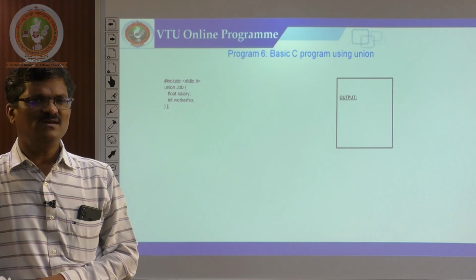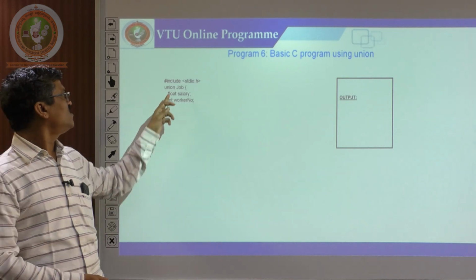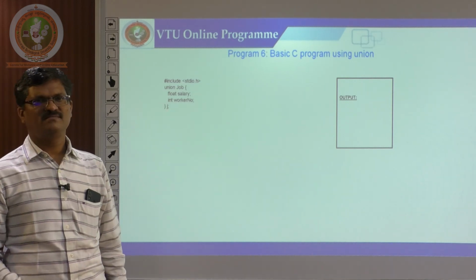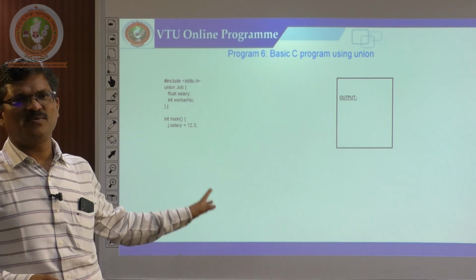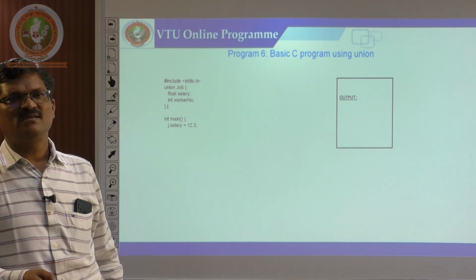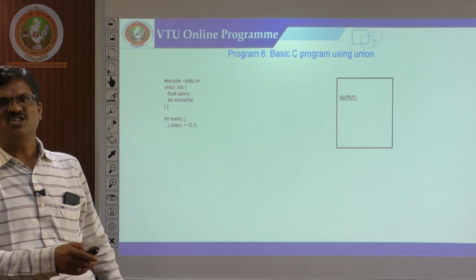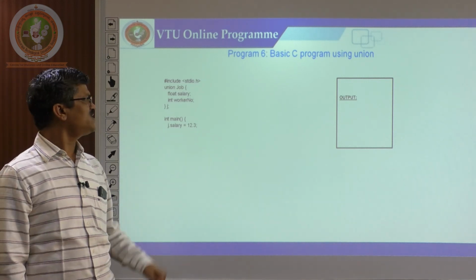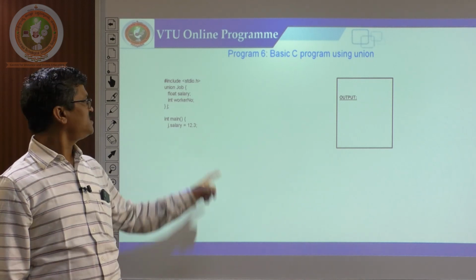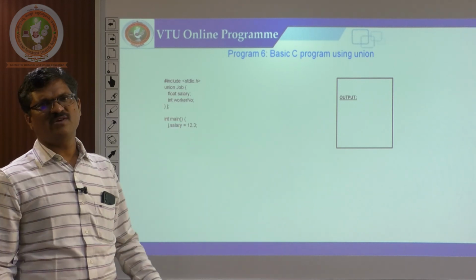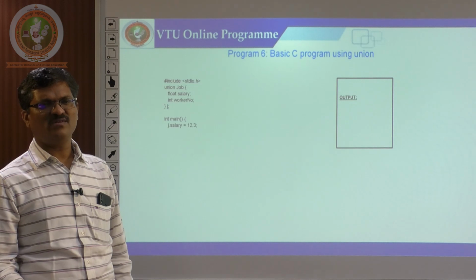We define J as a union variable. Fine. And now we start the program by initializing the values. So, J dot salary is initialized to 12.3, as it is a float value. Okay.